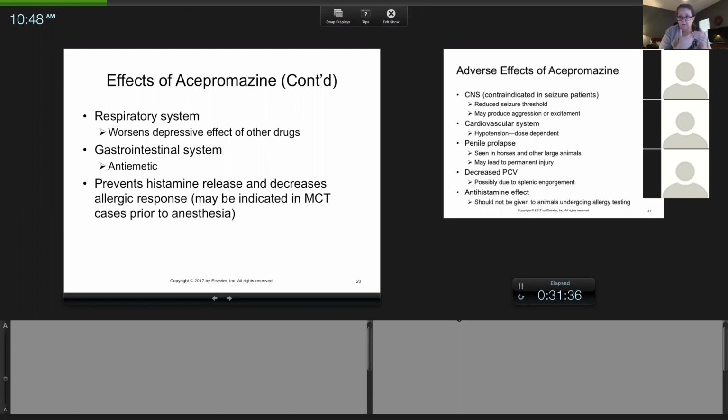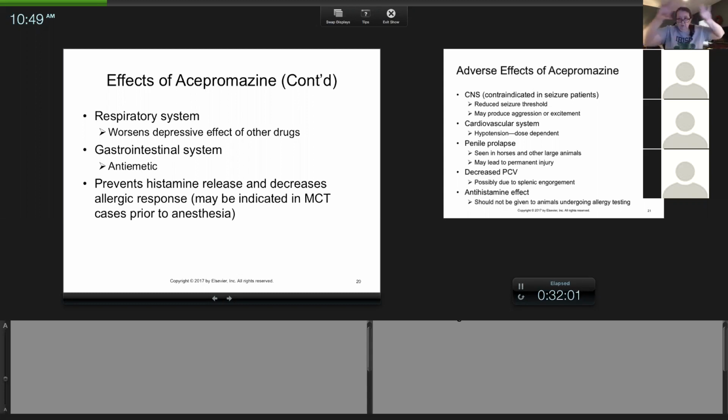But I always like to include acepromazine in the protocol because acepromazine has some antihistamine effects. So it's just another added benefit. Again, a dog comes in with allergies or an allergic reaction, we're not giving it acepromazine. But if I'm worried about that and I need to pre-med that dog, that may be why I choose acepromazine.